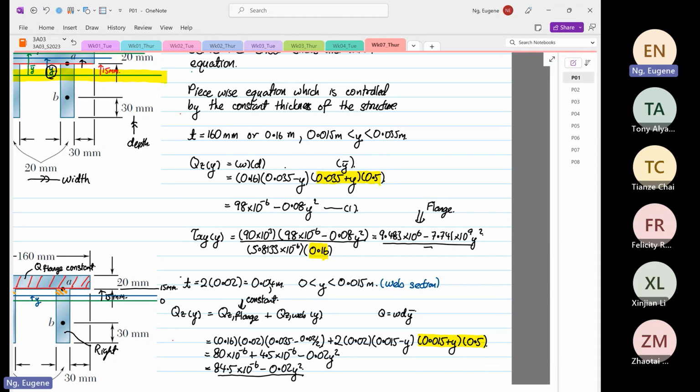If we look at here, we substitute y equal to 0.015.